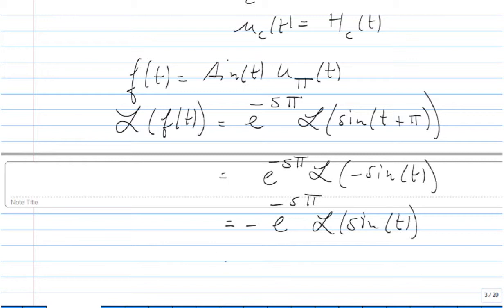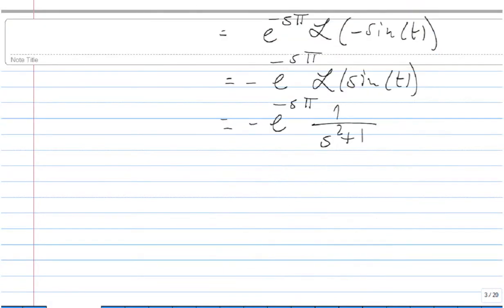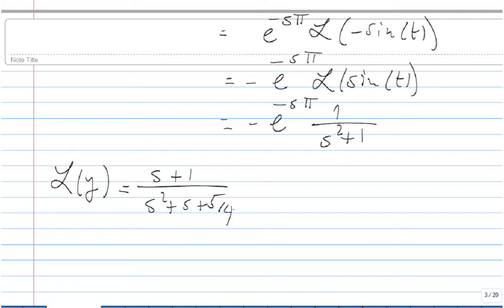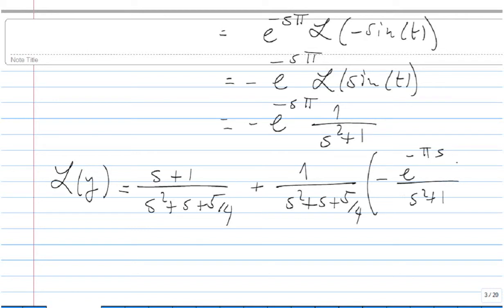And using again the table, we know that's going to be 1 over s squared plus 1. So putting the stuff together, we find that Laplace of y is equal to s plus 1 over s squared plus s plus 5/4, plus 1 over s squared plus s plus 5/4, minus e to the minus pi s over s squared plus 1.